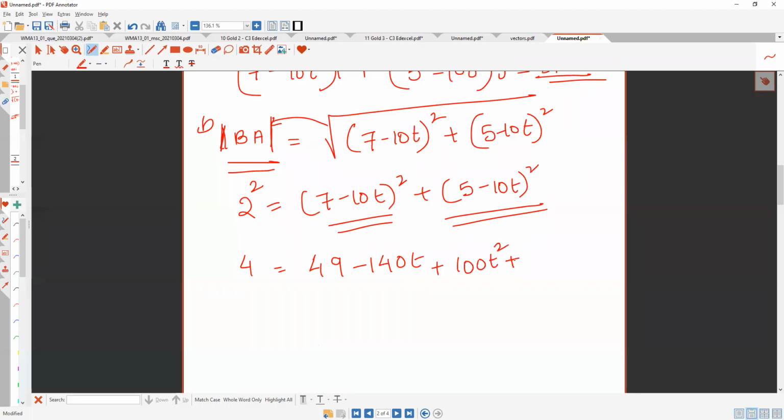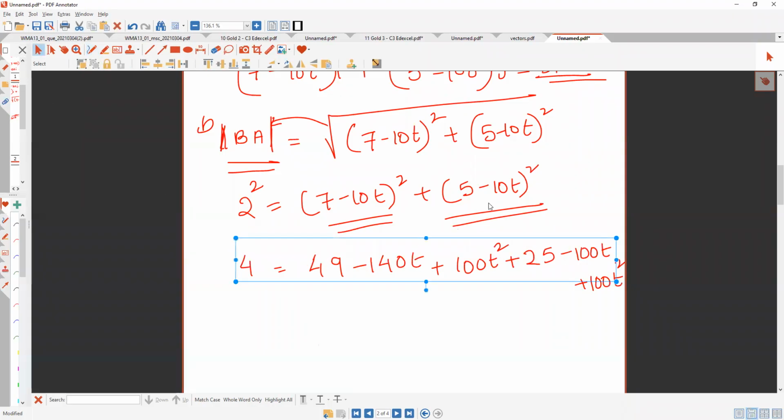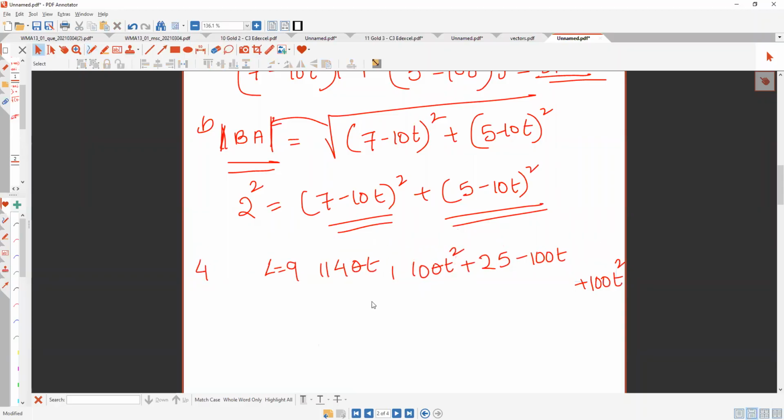Then plus 25 minus 100t, then again plus 100t square. Everybody, after opening the bracket, you guys got the same thing? Yes. Online? Everybody got the same thing? Yes. Fine then.